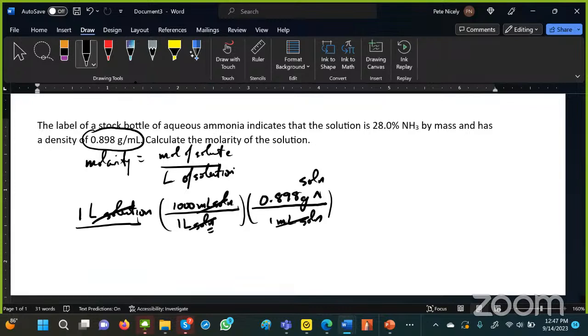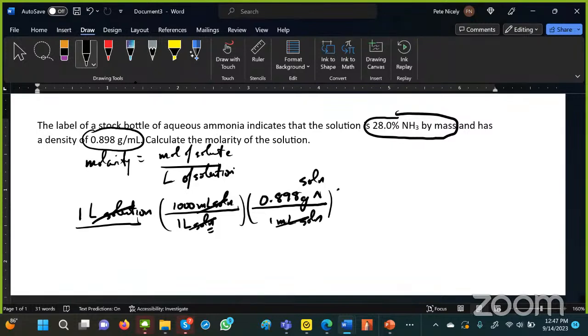Now, another important information given is that this solution is 28.0% by mass ammonia, right? So basically, since we have at this stage determined the mass of the solution, we can calculate the mass of ammonia in the solution because according to the information provided, 28% of it by mass is ammonia.